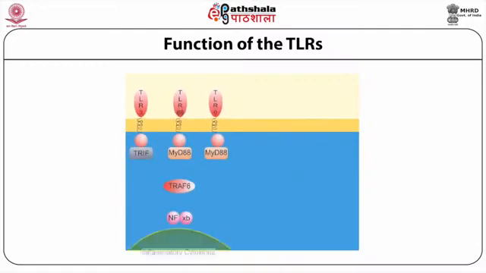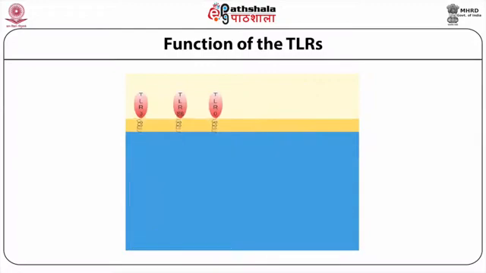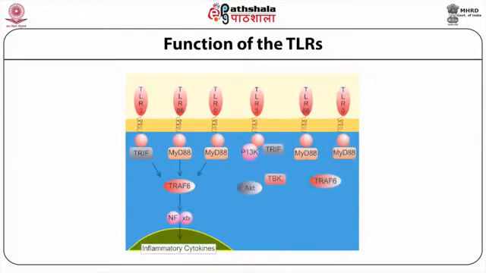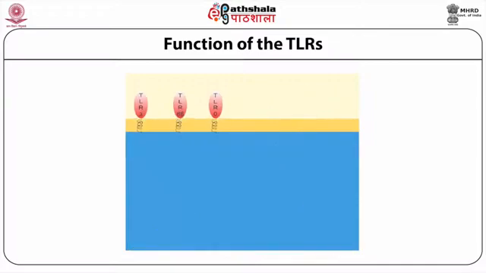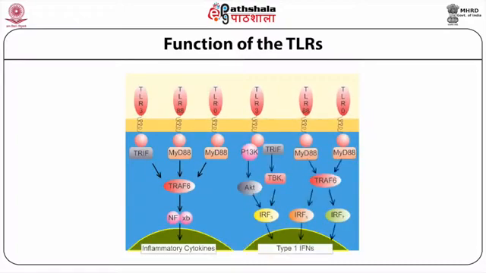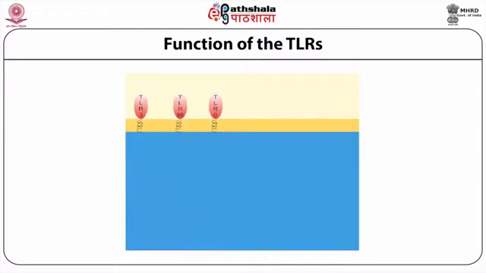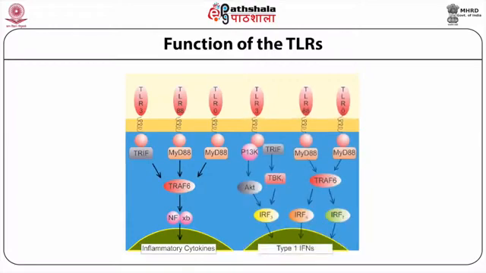Please remember that these are basically pattern recognition molecules, which would mean that they seek a pattern on the cell surface of the pathogen. The pattern is in terms of the distribution of the ligands on the cell surface of the pathogen. When this binding of the pathogen happens to the TLR, the cells containing TLRs produce cytokines.